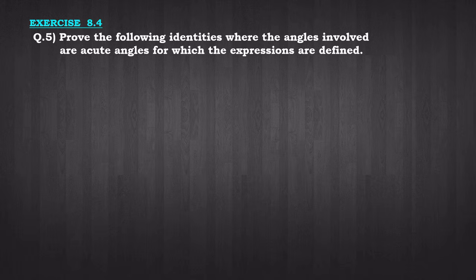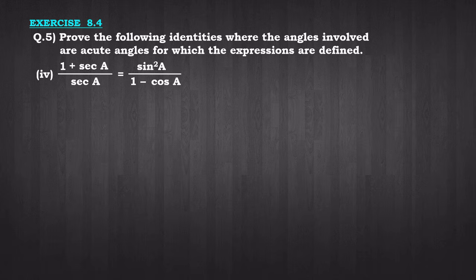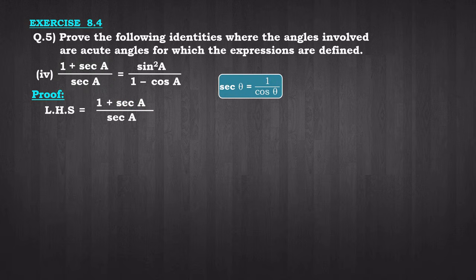Now, let us solve question 5, part 4, from exercise 8.4. The question asks us to prove that (1 plus secant A) divided by secant A is equal to sine squared A divided by (1 minus cosine A). Let us first solve the left-hand side. We know that secant A is equal to 1 upon cosine A. Substitute this into the expression.